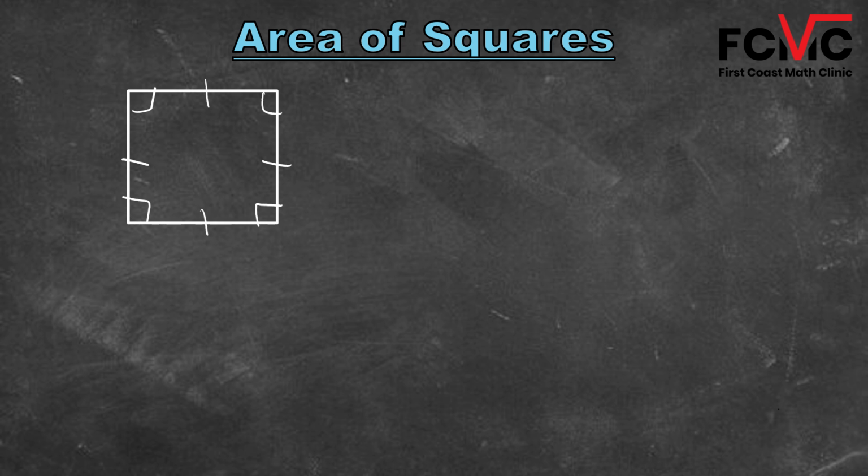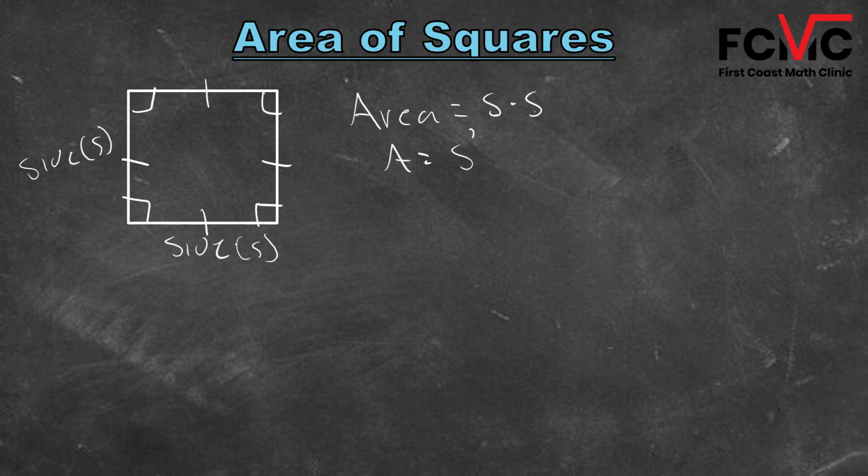Now, to find the area of a square, we can just call each side S, because all of our sides are the same. And if we're multiplying side times side, or S times S, so side times side, this is just going to be side to the second power, side squared.